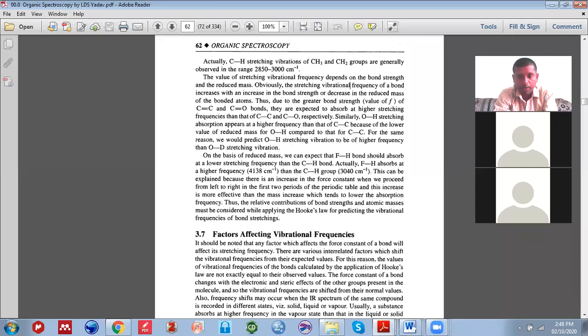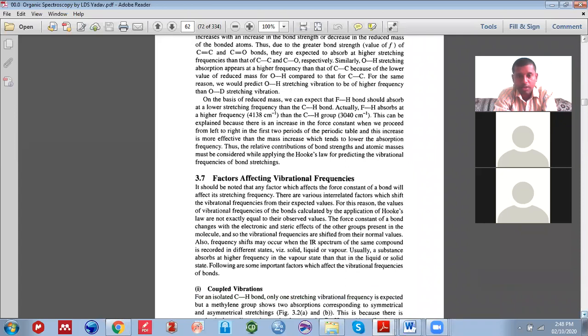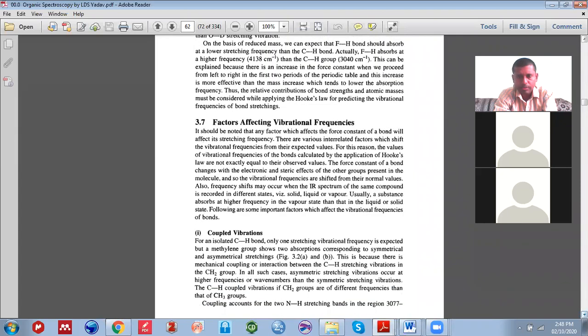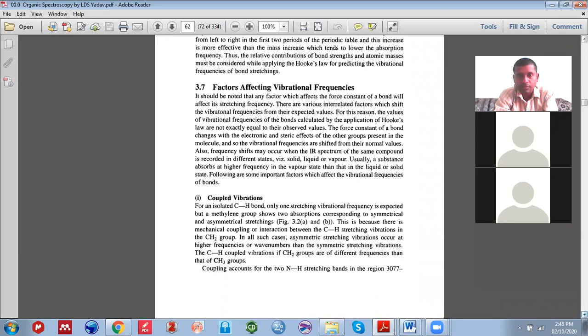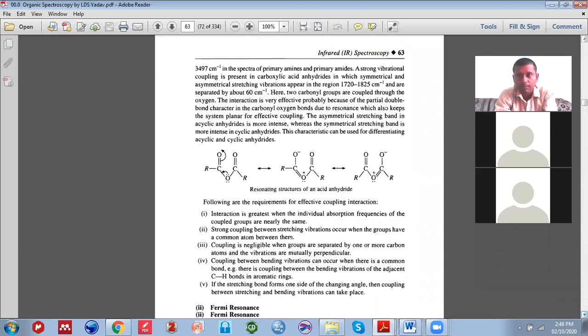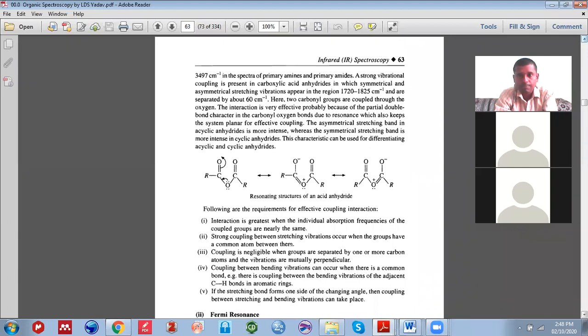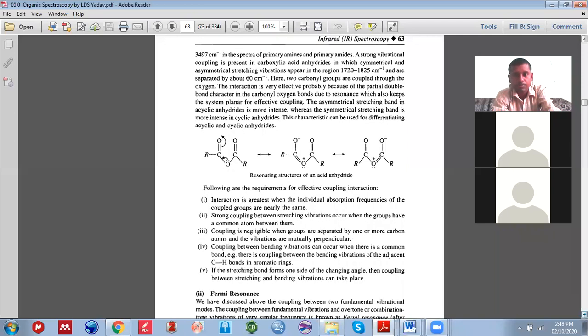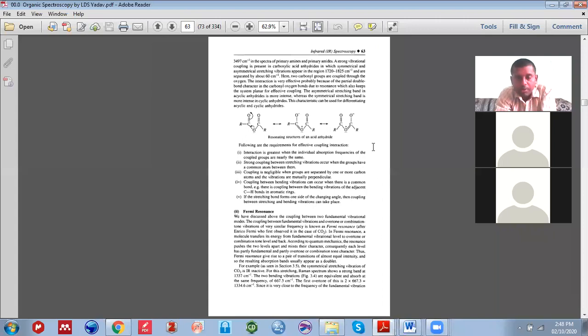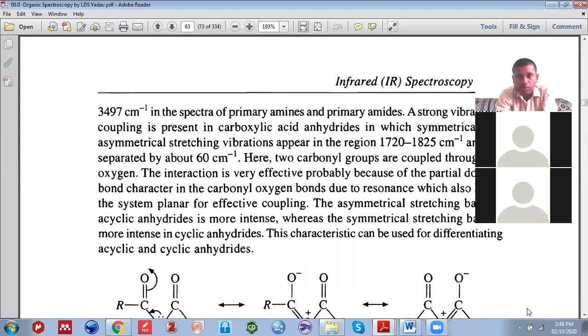Factor for vibrational stretching frequency: coupled vibration. Different types of vibration, coupled vibration. Just look at this very interesting example.